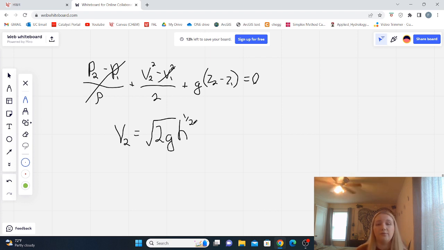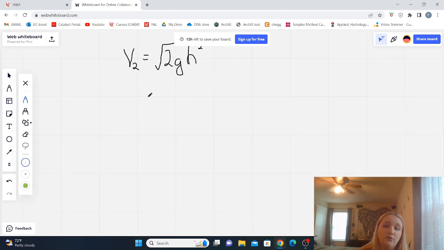Okay, now next, the velocity of the flow rate going out multiplied by the cross-sectional area of that outlet hole will give us the volumetric flow rate going out, which we do need. So for that, we can have that our Q out is going to be equal to the cross-sectional area.